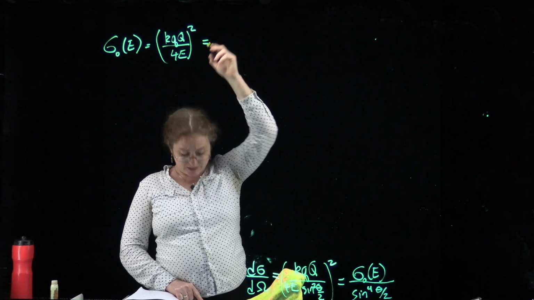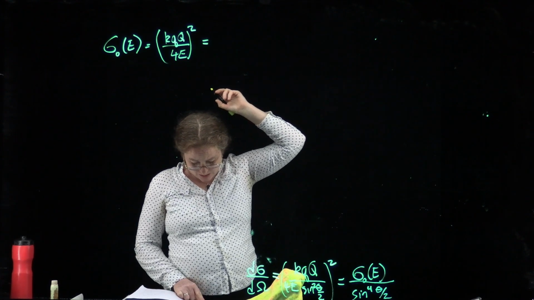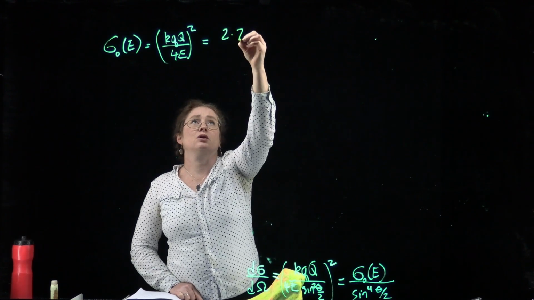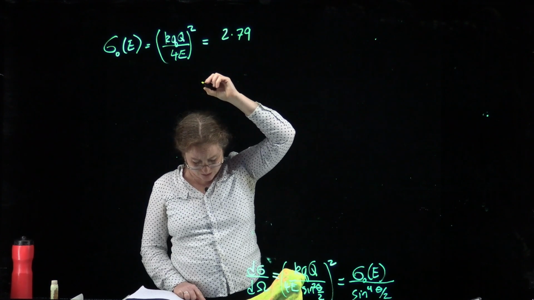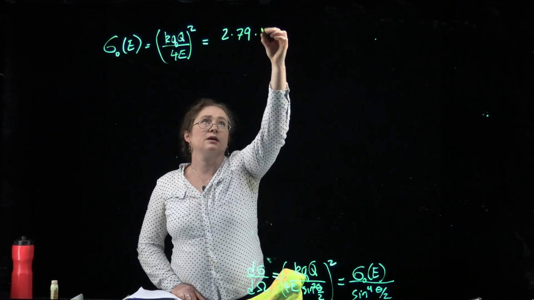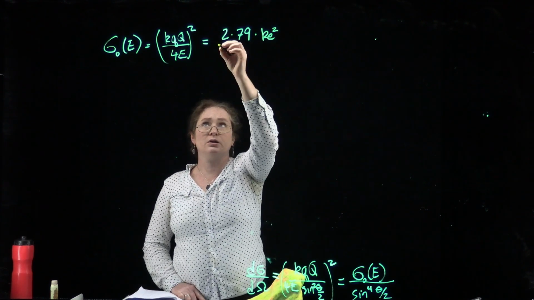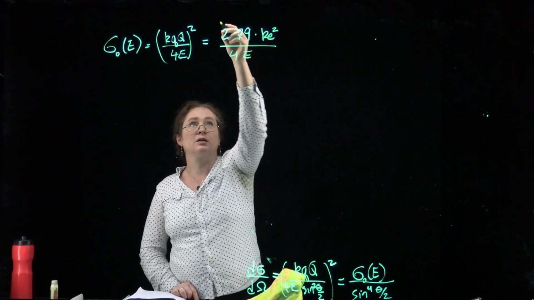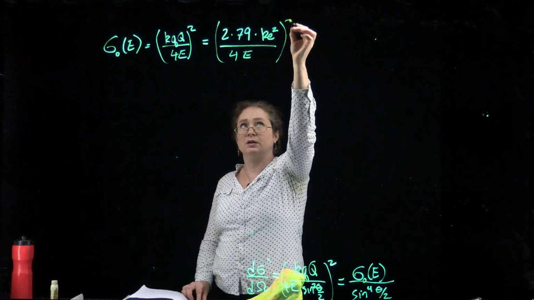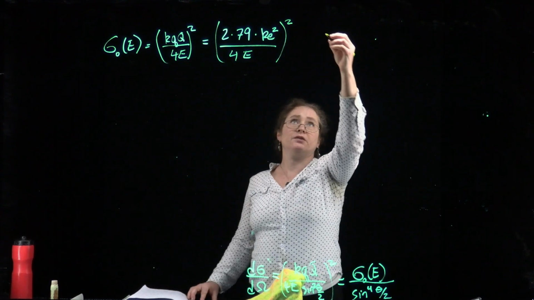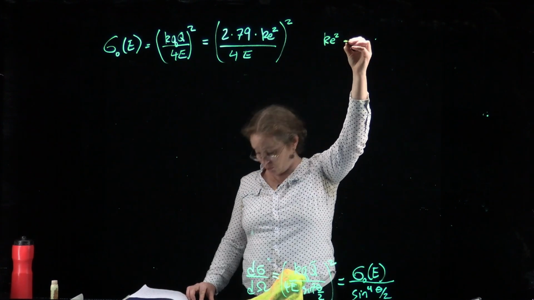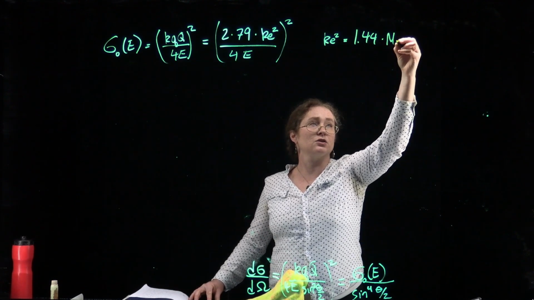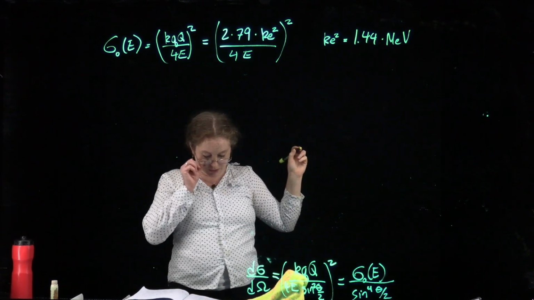So for alpha scattering off of a gold nucleus, we have 2 times 79 times ke² over 4E. And if we leave everything in electron volts, ke² is 1.44 MeV, so 1.44 times 10 to the 6th electron volts.